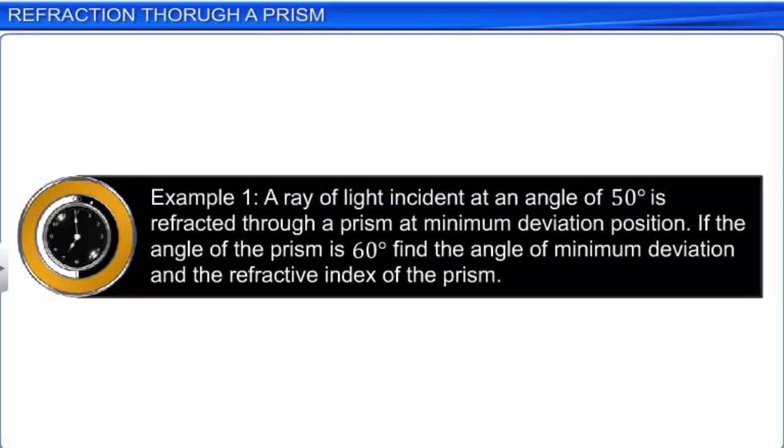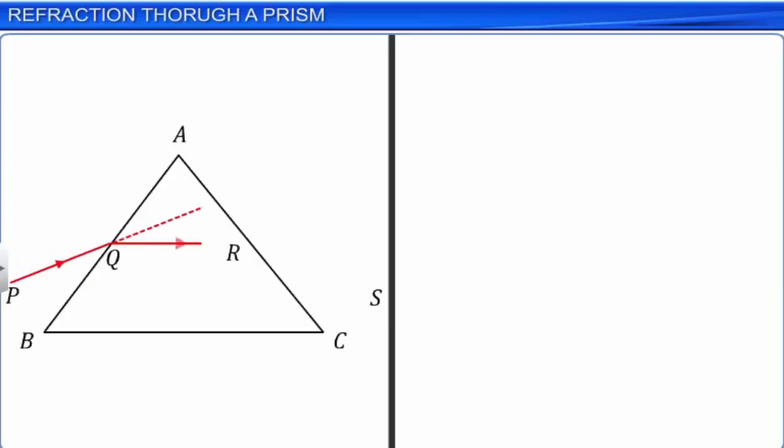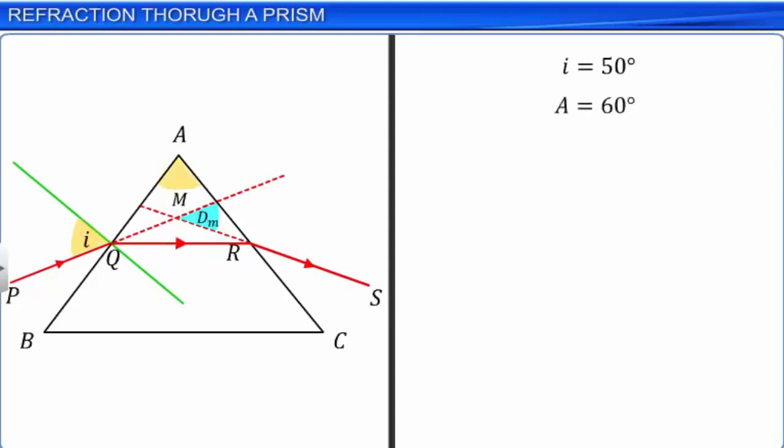We know that deviation D is equal to i plus e minus A. When the prism is at minimum deviation, Dm is equal to 2i minus A. On substituting the values of i and A, we get the minimum deviation equal to 40 degrees. Substituting the values of A and Dm in equation 7 and on further simplification, we get the refractive index equal to 1.532.